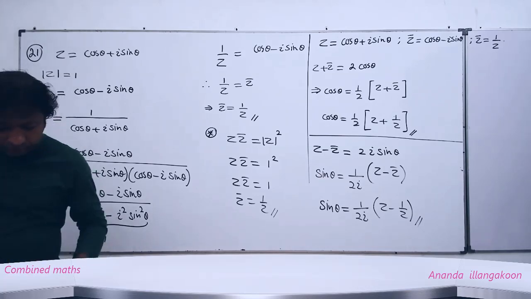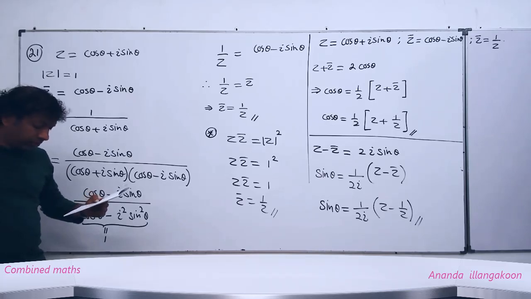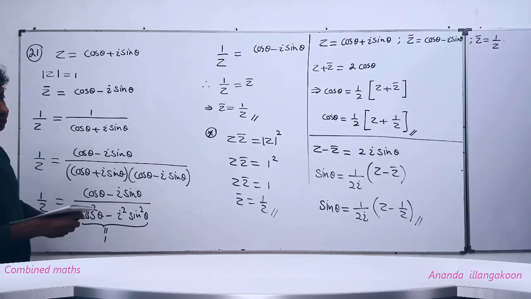Okay people, now we are given 3 complex numbers u, v and w like this.